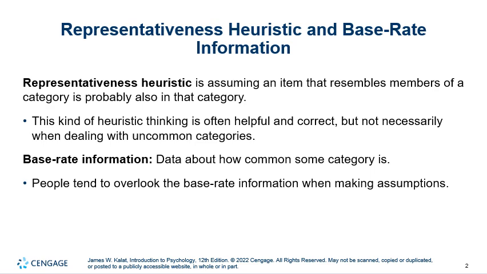Hopefully that makes a little bit of sense. However, just remember, people tend to overlook the base rate information when they're making assumptions. That's why it's really important to try not to make assumptions, because of that error. You've heard the term never assume. I won't break it down, but you understand where it comes from.